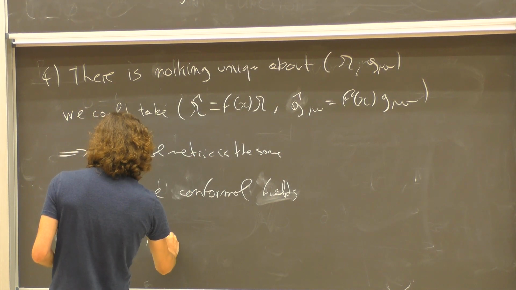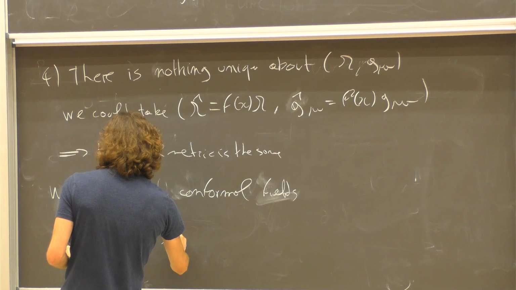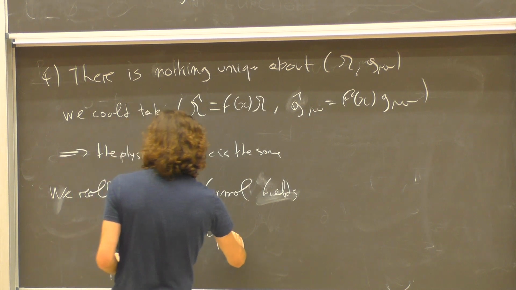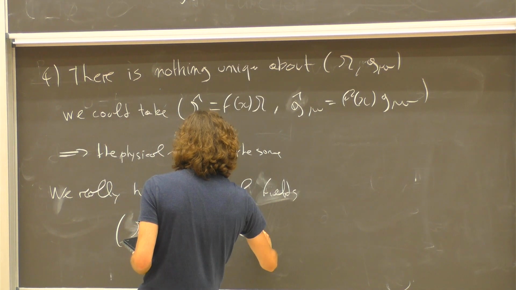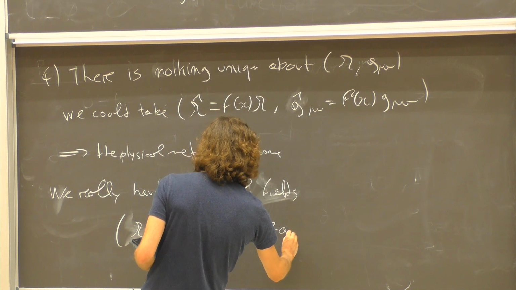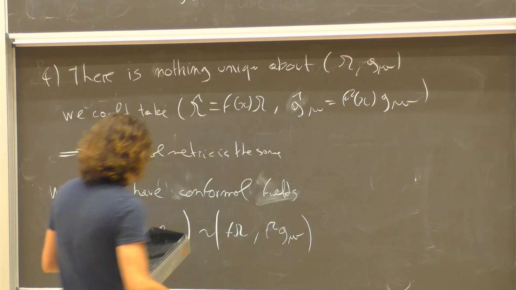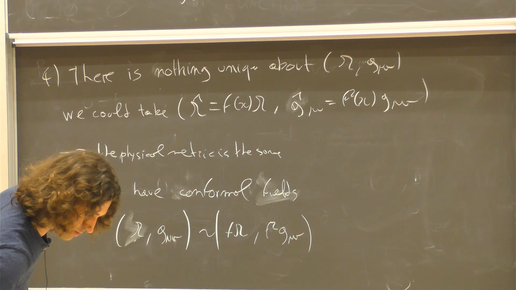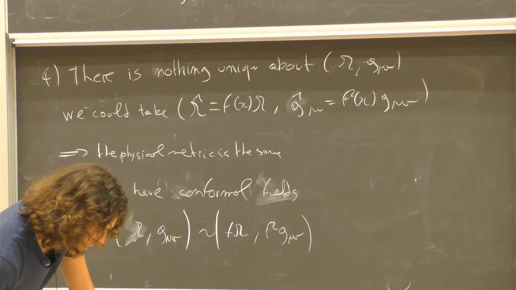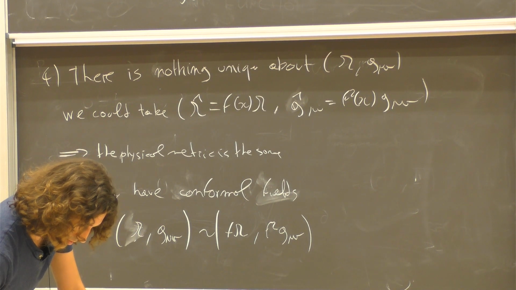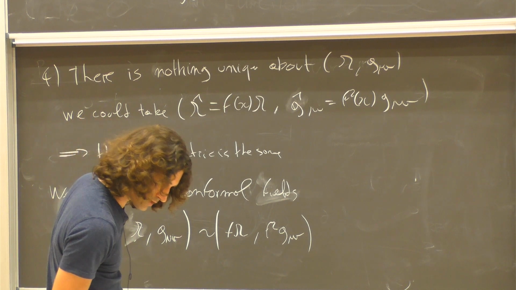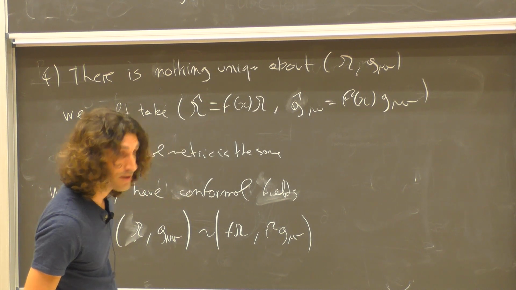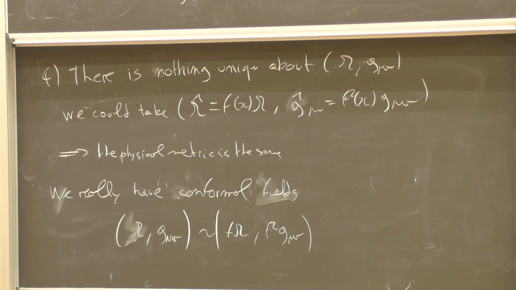Omega, g mu nu is equivalent to f omega, f squared g mu nu. Yes, and all of this to discuss. Yeah, I'm going very slow.